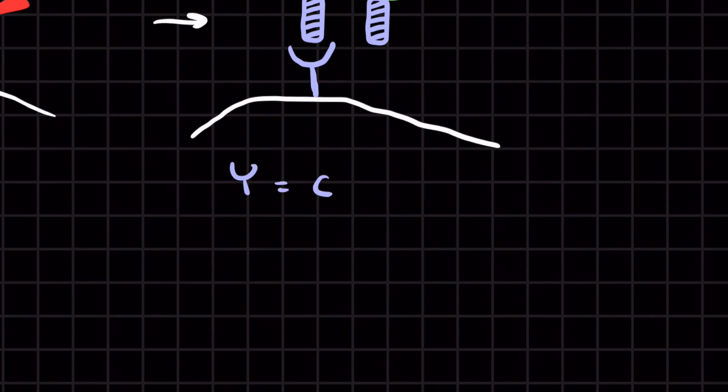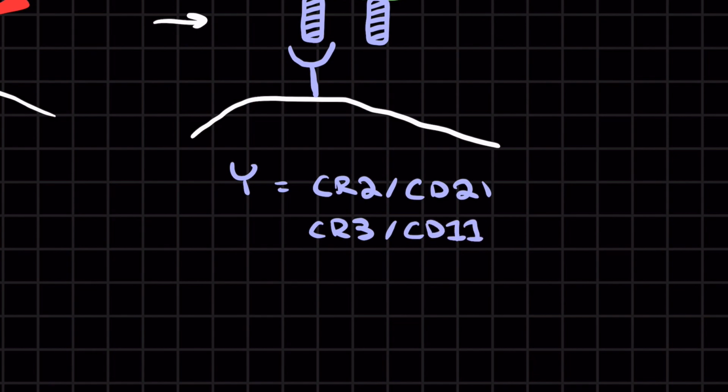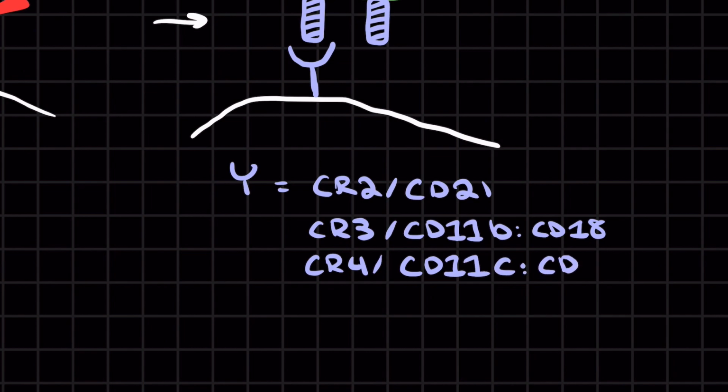These receptors are CR2, complement receptor 2, which is also known as CD21, complement receptor 3, which is also known as CD11b, CD18, CR4, which is also known as CD11c, CD18, and a receptor called CRIg.